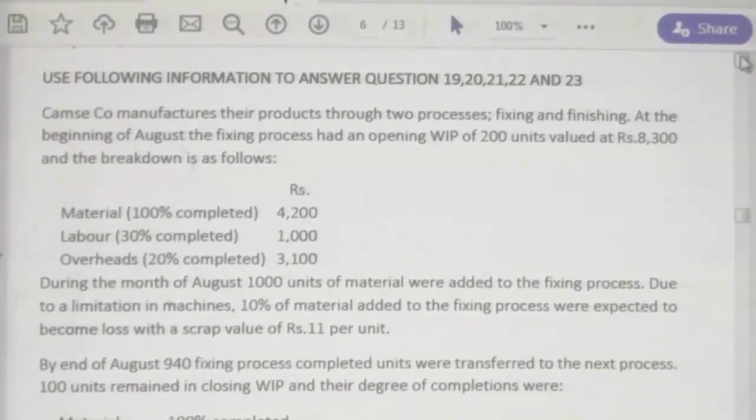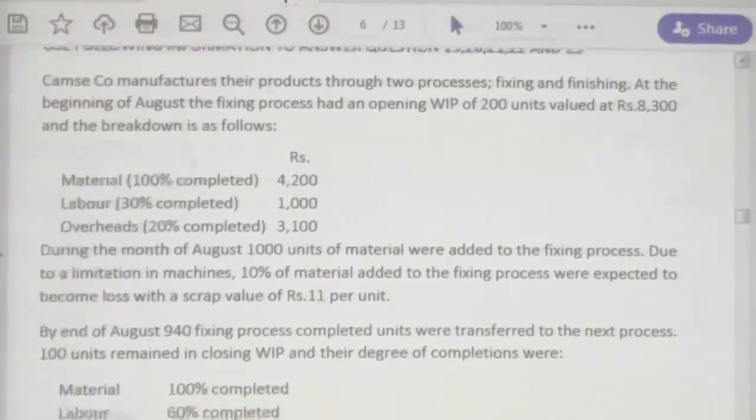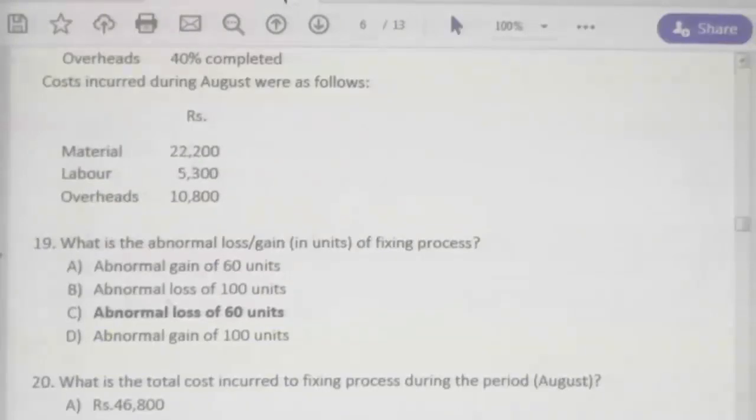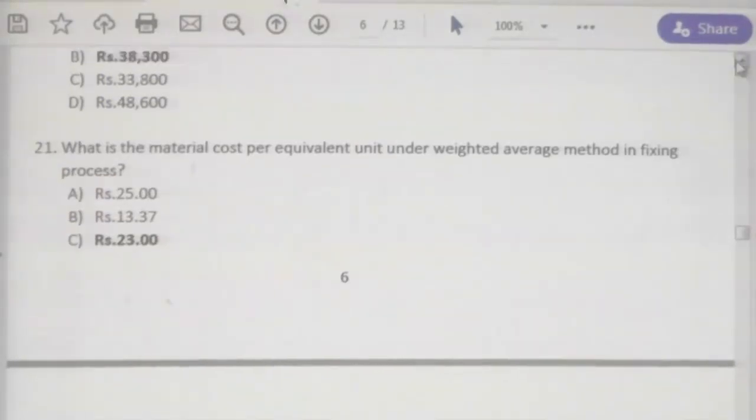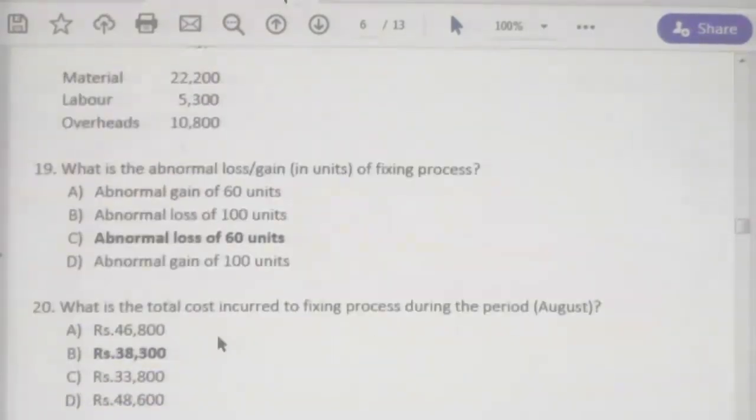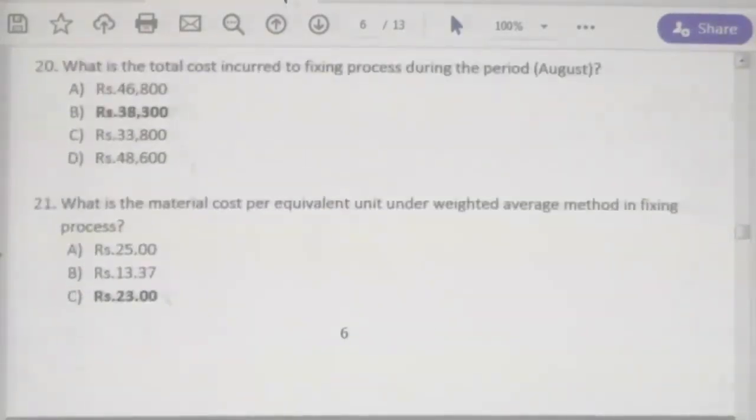Now let's see what are the 5 questions raised. The first question they are asking: what is the abnormal quantity, abnormal loss? Then next question: what is the total cost incurred for fixing process during the period, that is the debit side total without the work in progress?